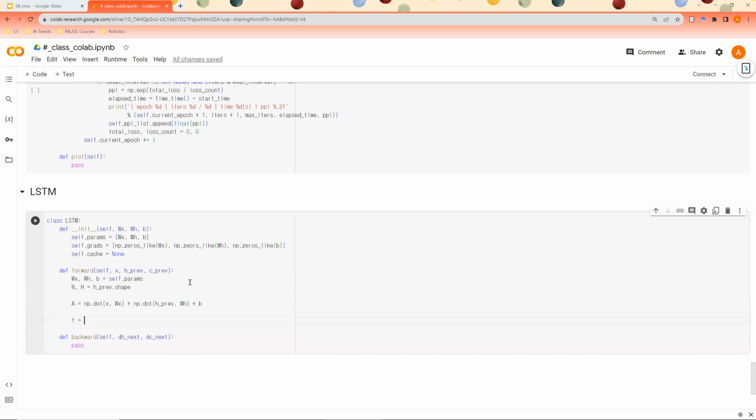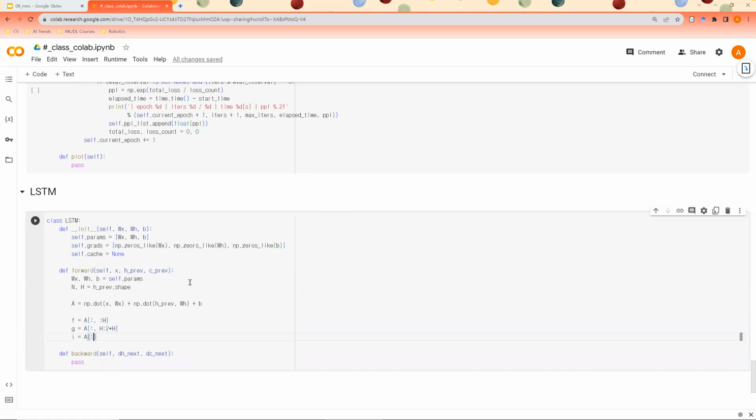And then we slice this matrix, and the first H parts are for the forget gate. And for the gate, the next part. Okay?